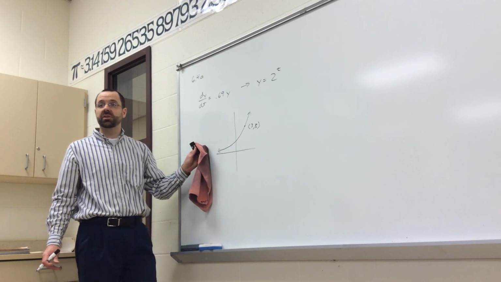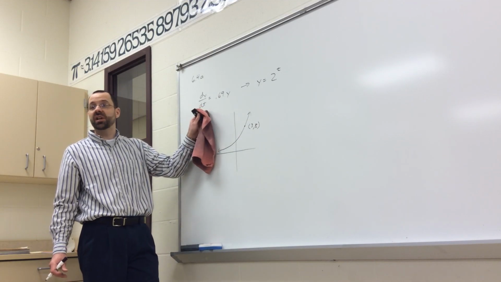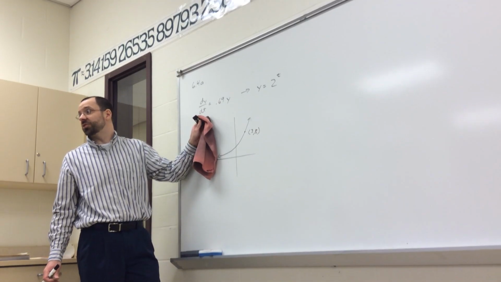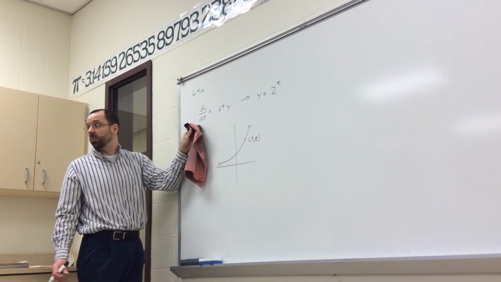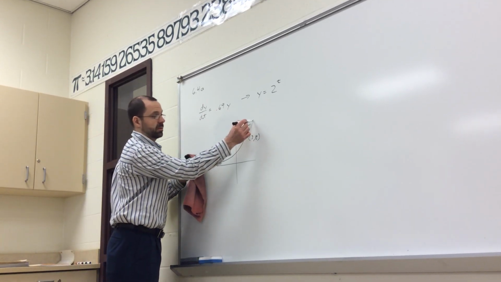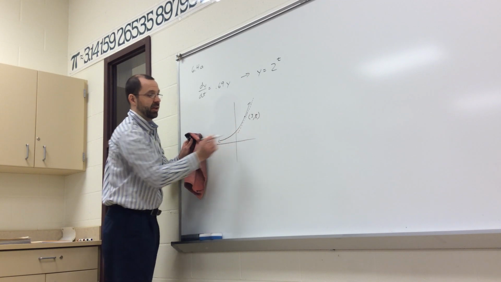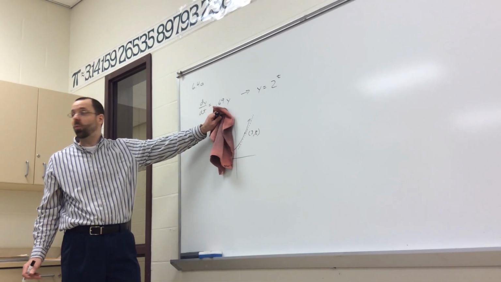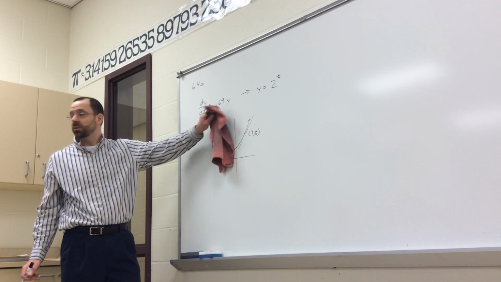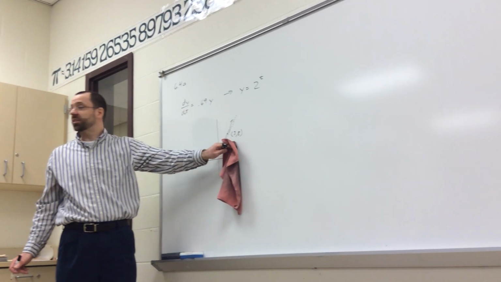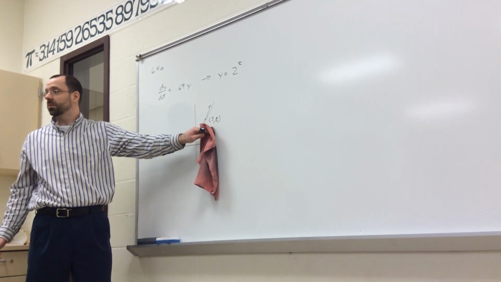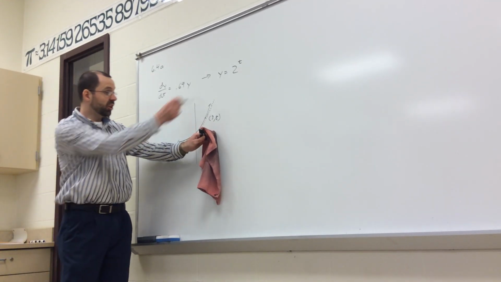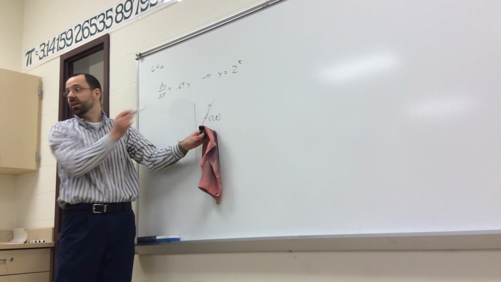So then I just want to explain what this slope equation says. The slope equation says that if you want to find the slope at a point, aka the slope of that line, you just have to take 0.69 times the y value. So in this case, it would be 0.69 times 8.